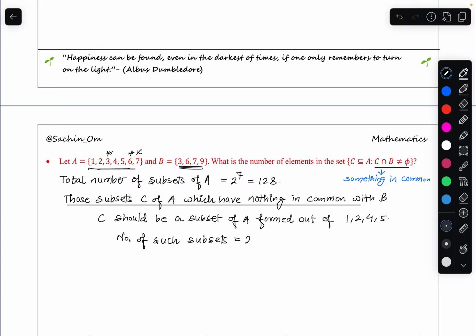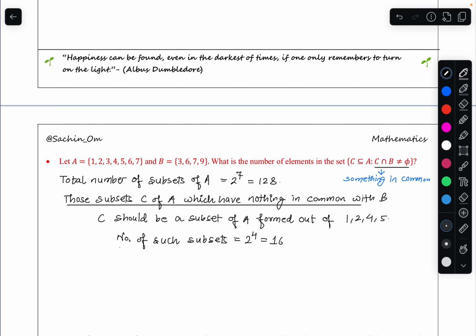So the total number of subsets would be 2 to the power 4, which is 16. So there are 16 subsets of the type C which have nothing in common with B.